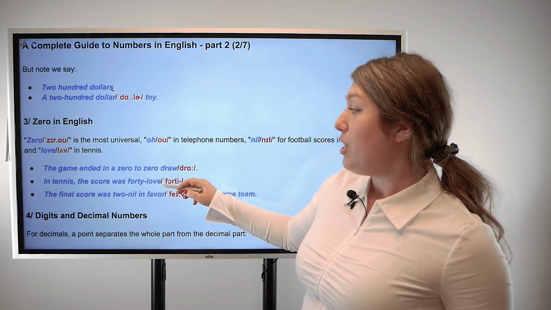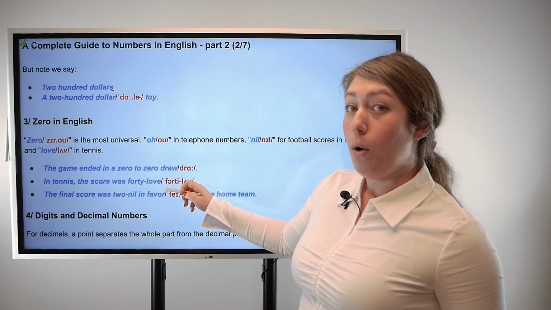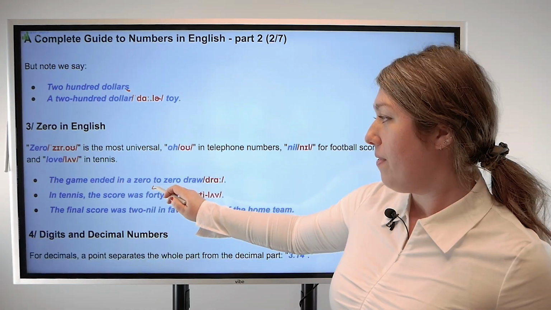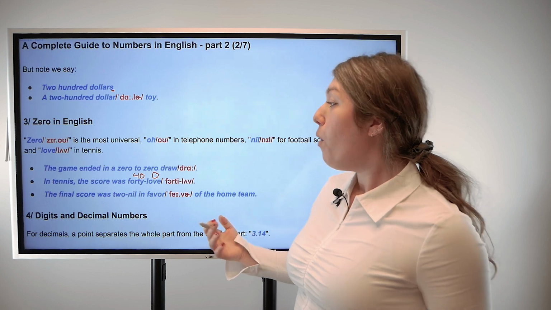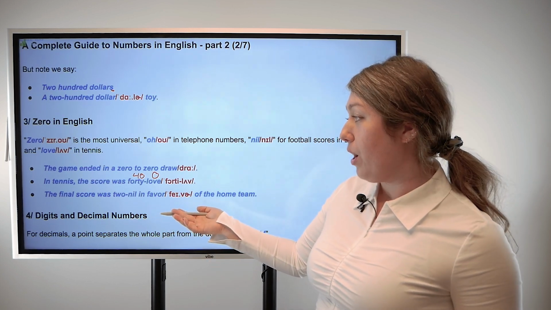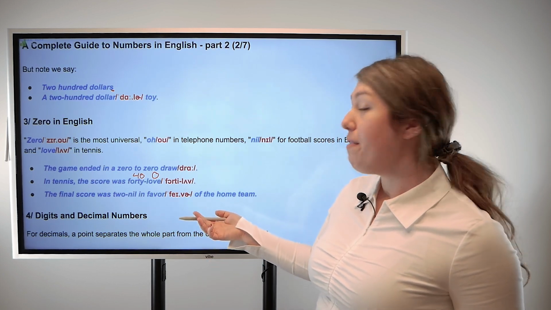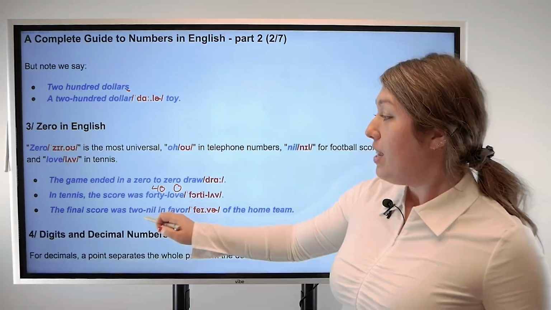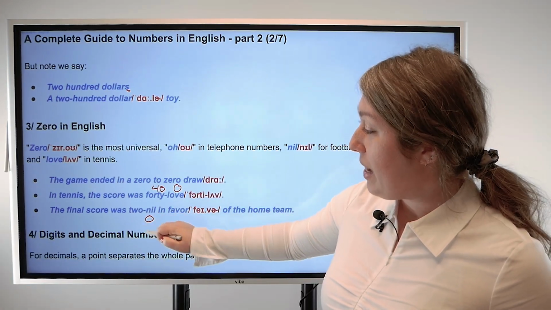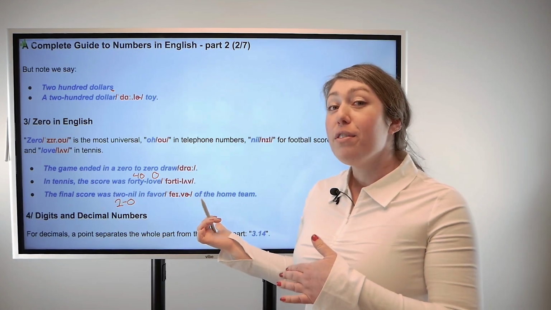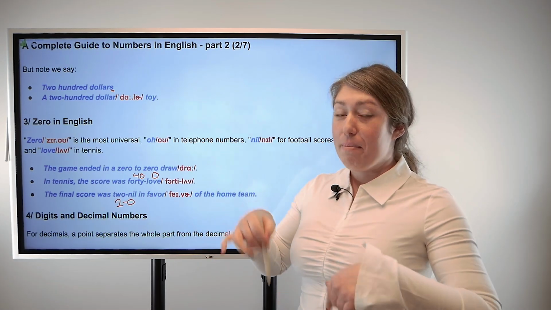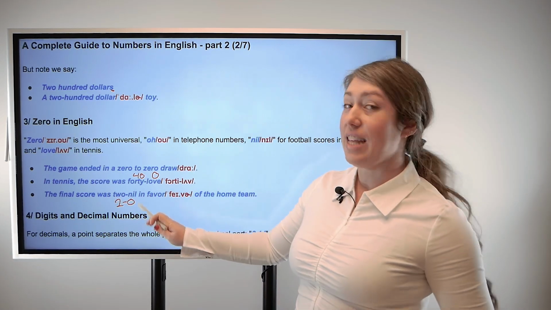In tennis, the score was 40-love, or 40-0. Or for example, the final score was 2-0 in favor of the home team. So nil again means 0, so the score was 2-1. In favor of the home team means that the team playing in their hometown has the higher score.